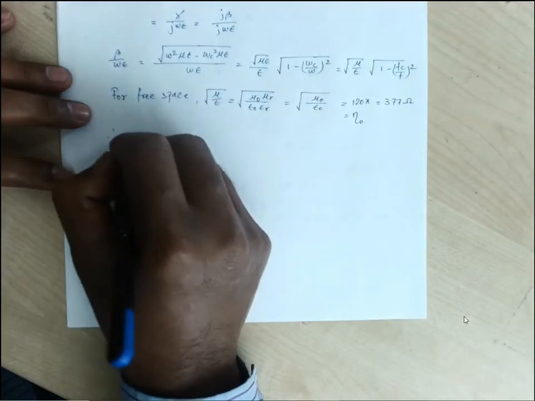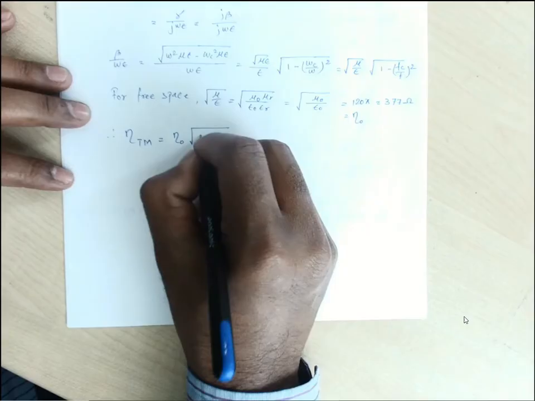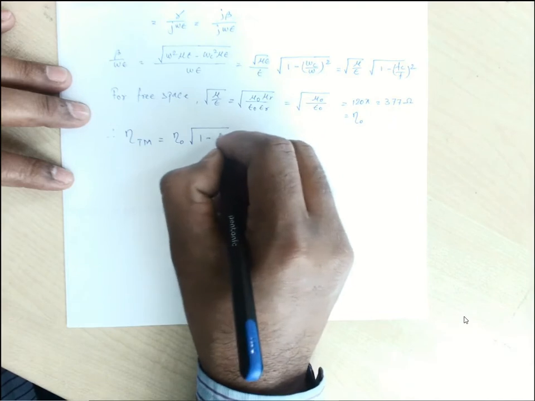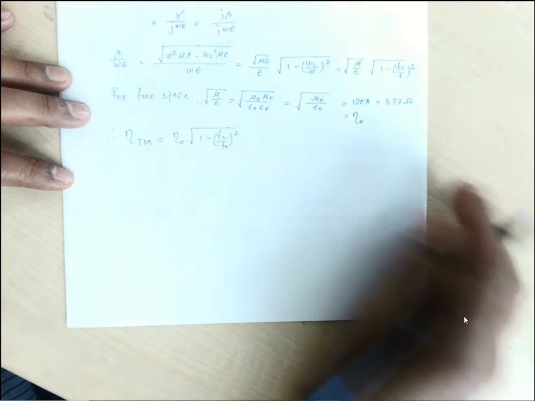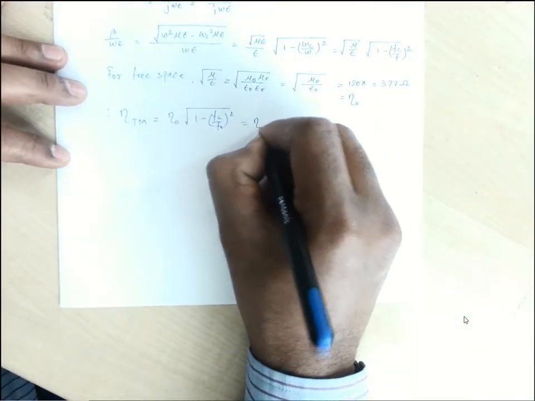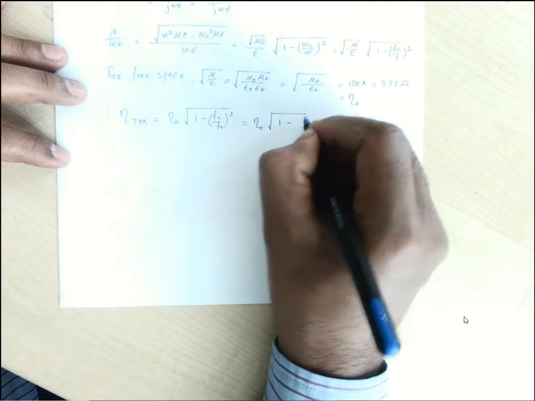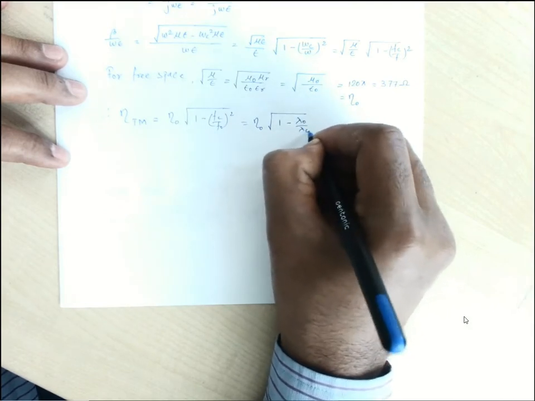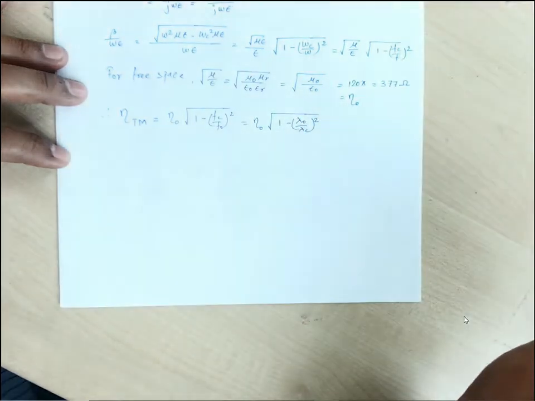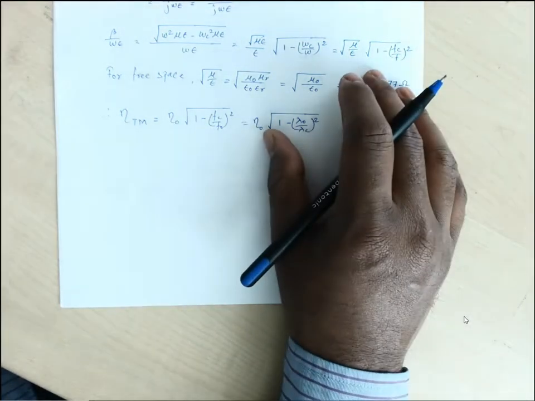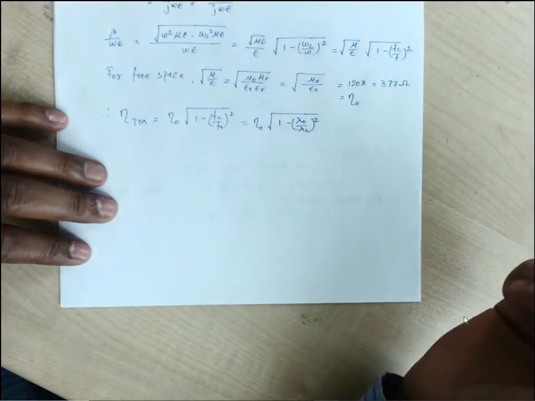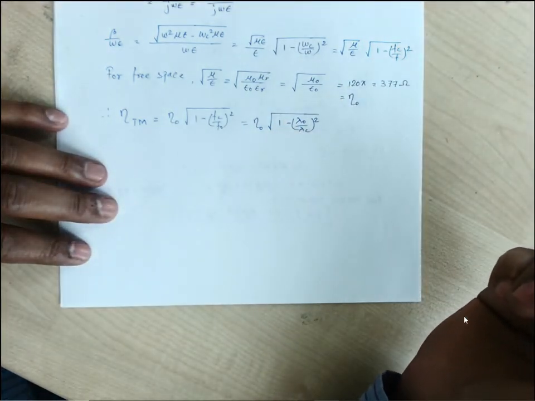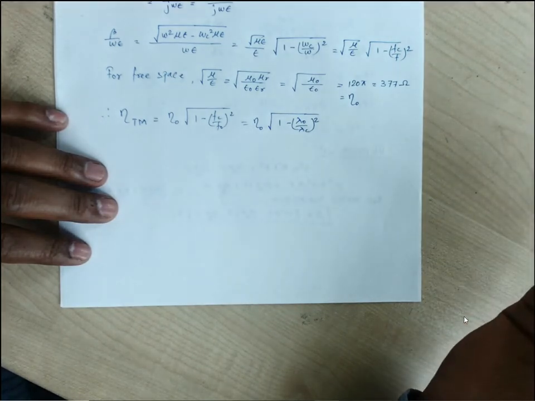Therefore this eta TM will be eta naught root over 1 minus (fc by f) whole square, or eta naught root over 1 minus (lambda naught by lambda c) whole square. Since the free space wavelength is less than the cutoff wavelength, only then do we have wave propagation.